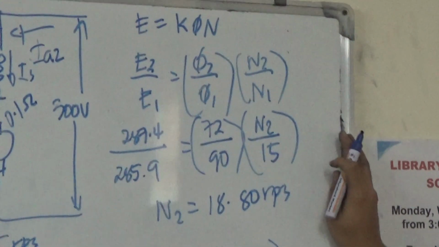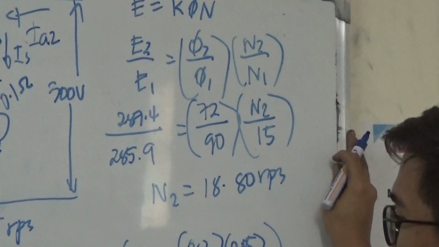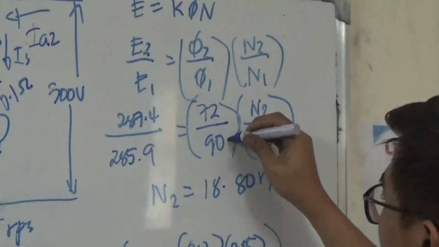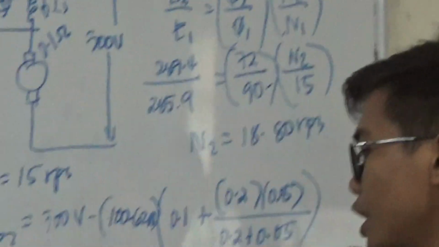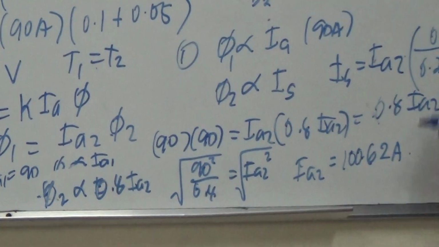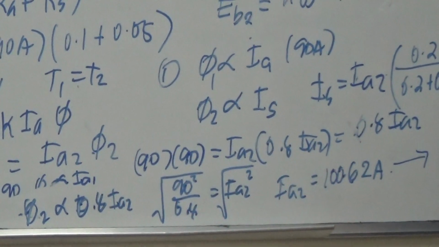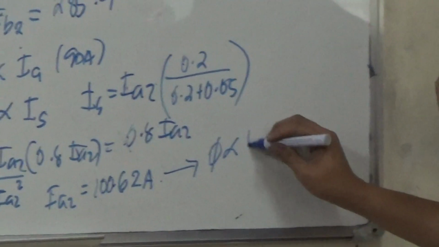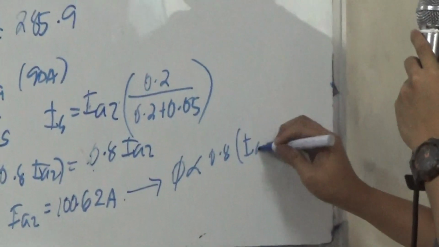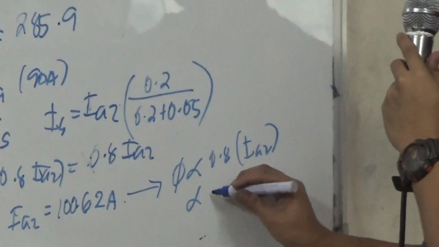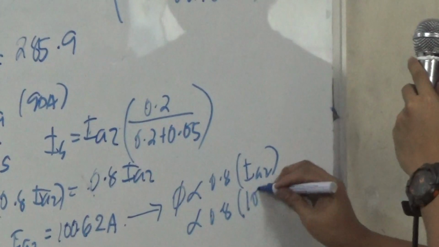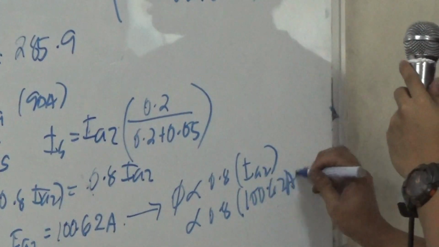Tapos dito, iba na to. So, ito, 90 pa rin. Ito, iba na. 0.8 ng IA2. So, flux is directly proportional ng 0.8 ng IA2, or directly proportional ng 100.62 amps.